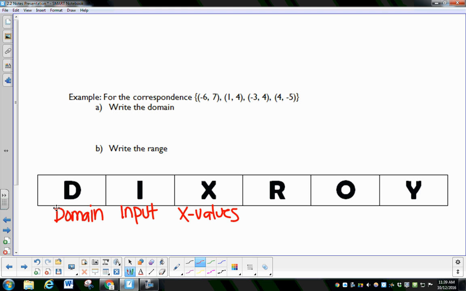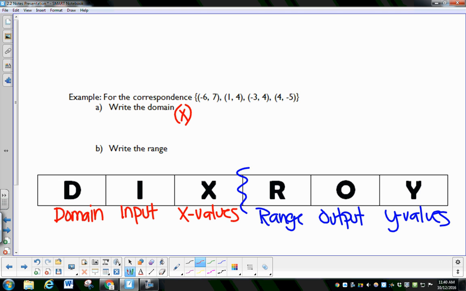So it's DIX, domain input x values, while the range refers to the output, which are y values. So Dix-Roy helps you remember that domain is the input, which are the x values, and the range is the output of a function, which are the y values. So if you were writing down the domain or range of a function, like an equation or points, for the domain, you're going to list anything that x can equal.